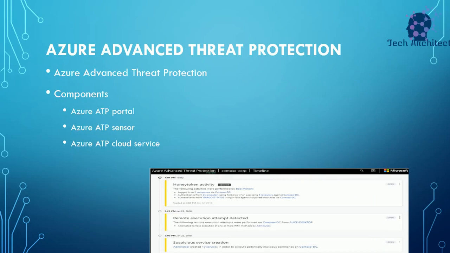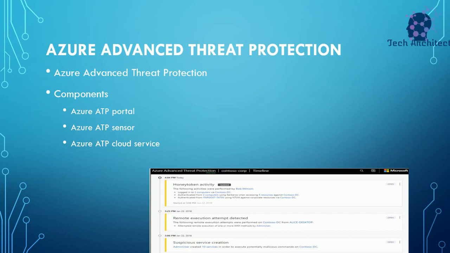Azure Advanced Threat Protection is a cloud-based security solution that identifies, detects, and helps you investigate advanced threats, compromised identities, and malicious insider actions directed at your organization. Azure ATP is capable of detecting known malicious attacks and techniques, security issues, and risks against your network. ATP components: the ATP portal, ATP sensor, and cloud service.